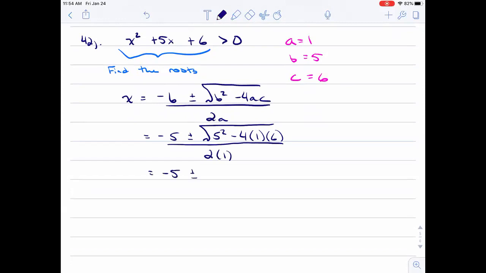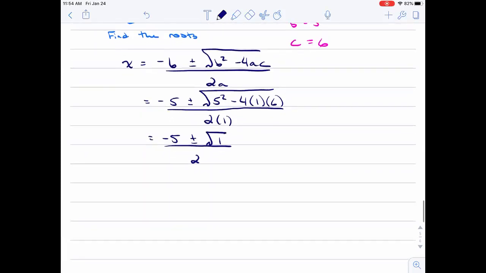We got negative 5 plus minus, and then 25 minus 24, which is the square root of 1 over 2. The square root of 1 is just 1. And so I have negative 5 plus minus 1 over 2.